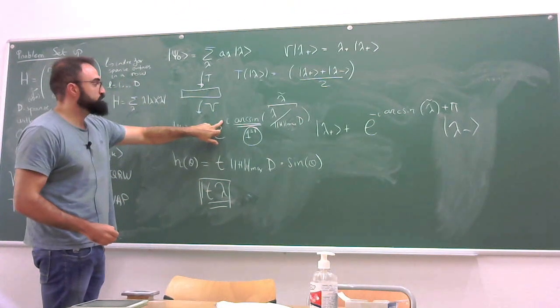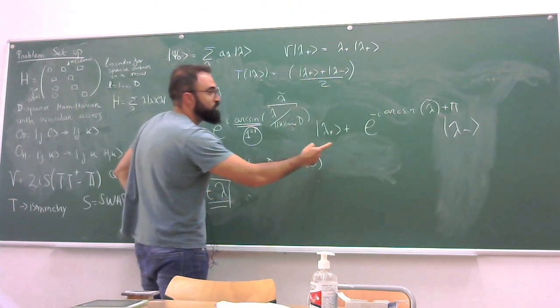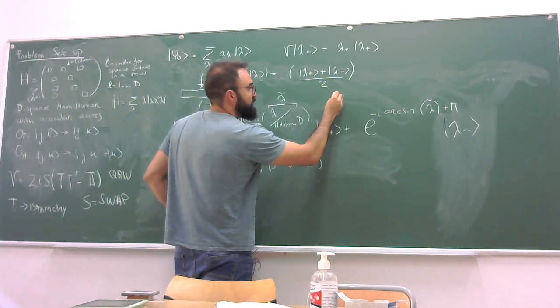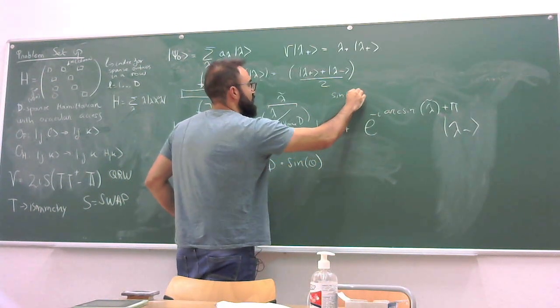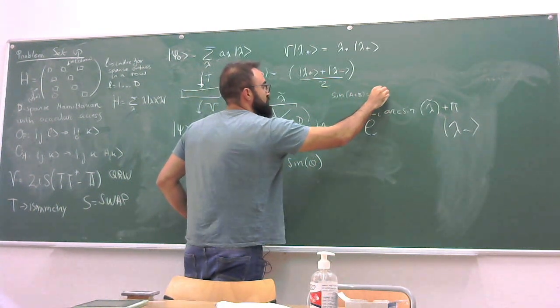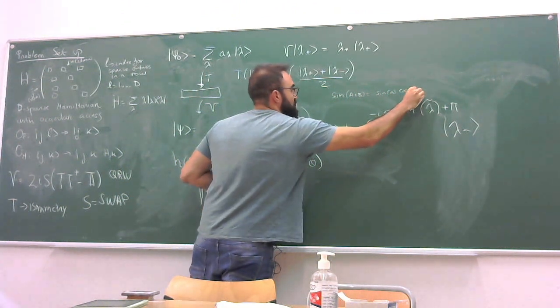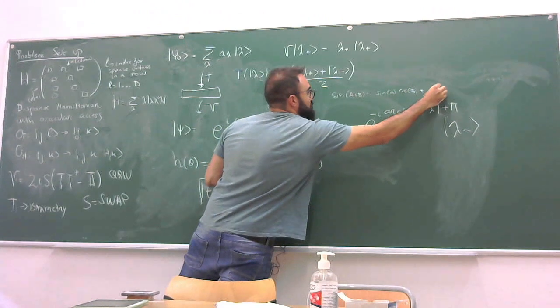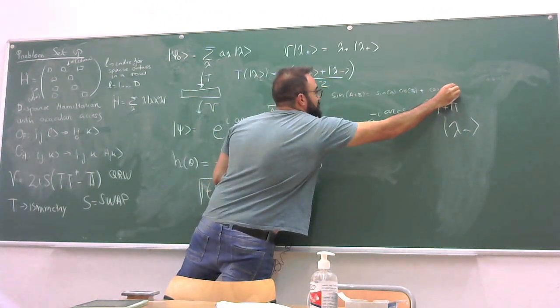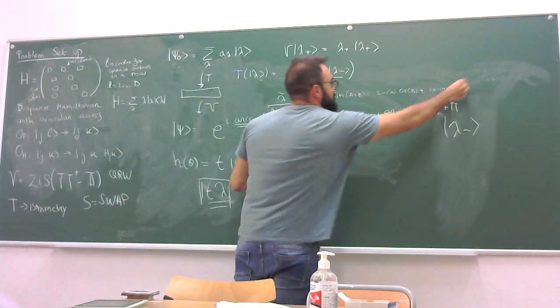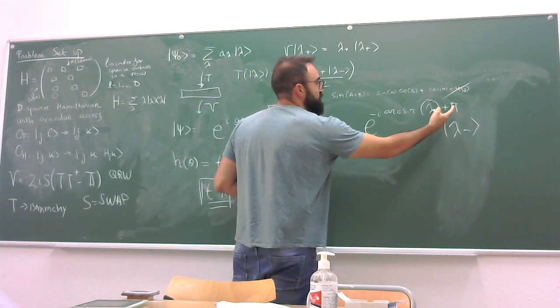So we are going to have this phase here. And for the second one, it's exactly the same, because if you remember this property, sine of a plus b is sine of a cosine of b plus cosine of a sine of b. Sine of pi is 0 and cosine of pi is -1.